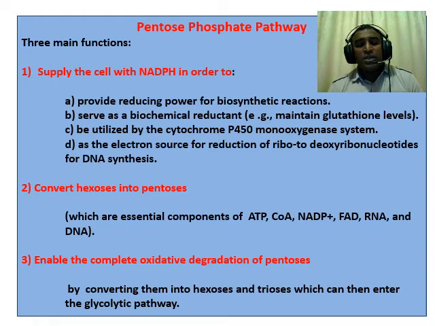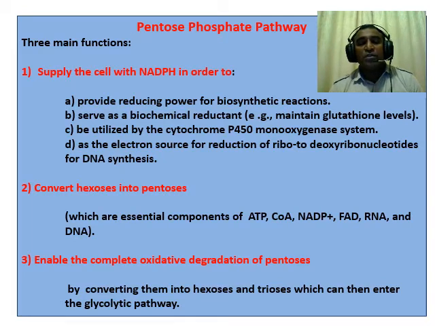And also the NADPH, which is the main function of the pentose phosphate pathway, has many functions. This reductant is able to be used in several biosynthetic reactions such as fatty acid synthesis, amino acid synthesis, as well as cholesterol synthesis. You also have NADPH serving as a biochemical reductant for the removal of highly reactive oxygen species.